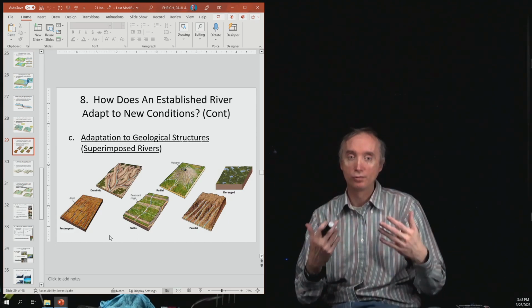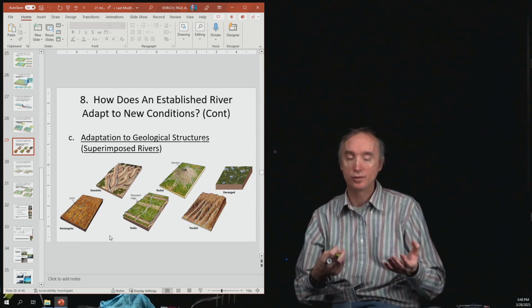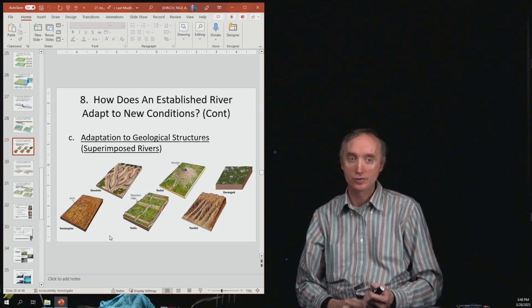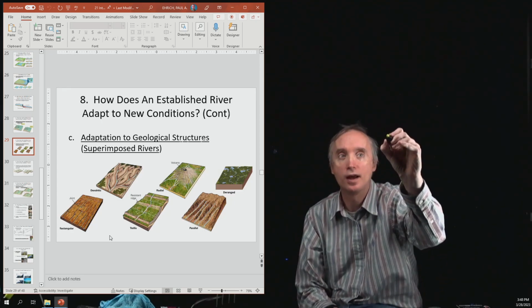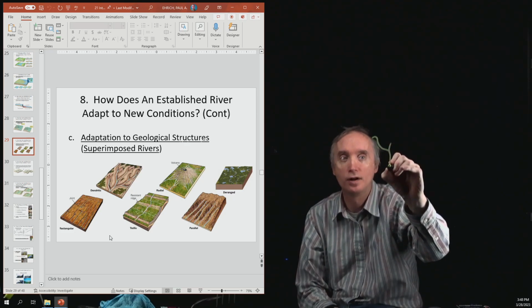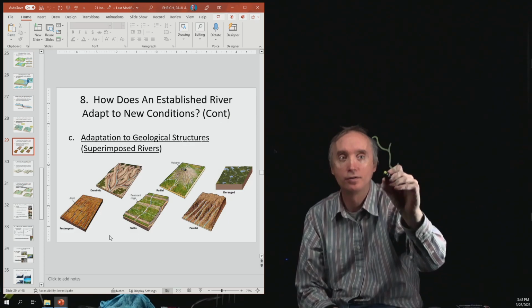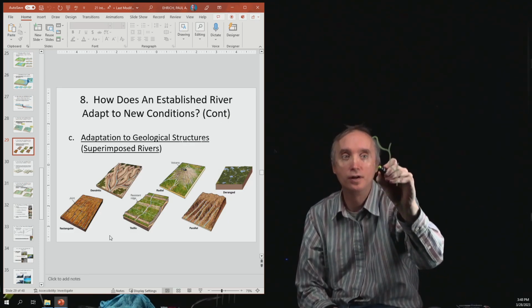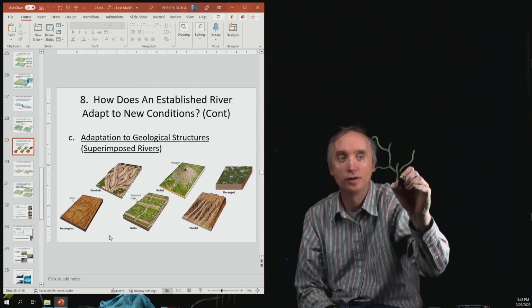So there's no real geological structure underneath the ground, and the river is just eroding the way that it naturally will. It's almost like the veins on a leaf: you have a river that empties into another river, and then this one empties into another river, and you might have another tributary coming in over here, and another one over here.